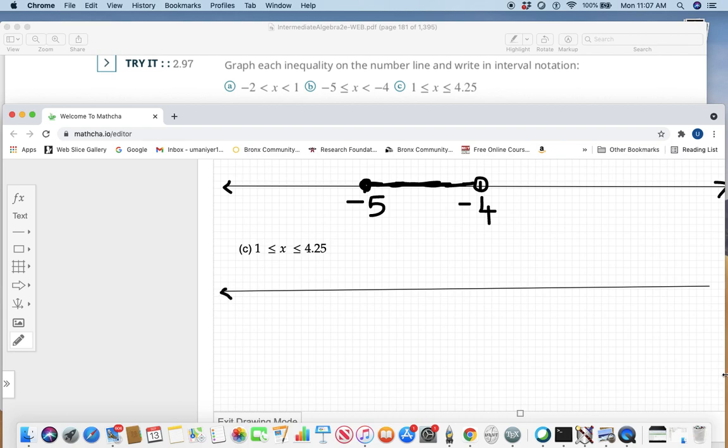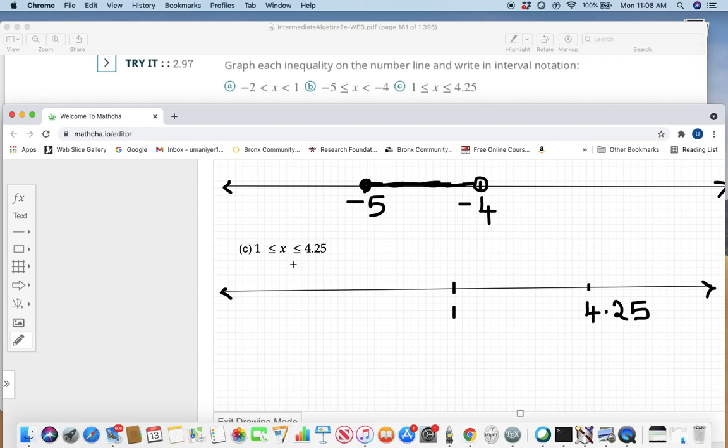So this is your real number line. 1 is smaller, so it comes first. Smaller than 4.25. 1 less than or equal to x. X in turn is less than or equal to 4.25.